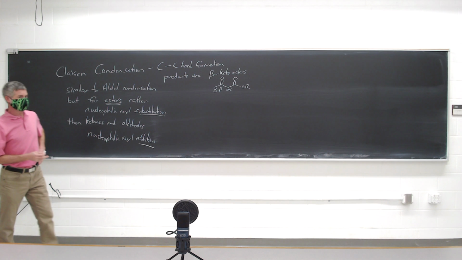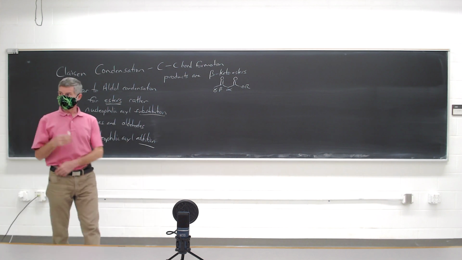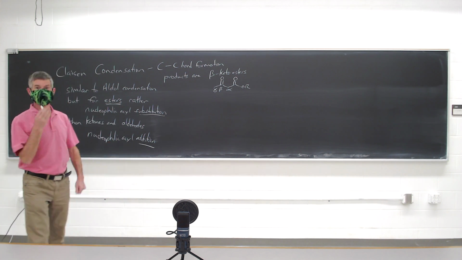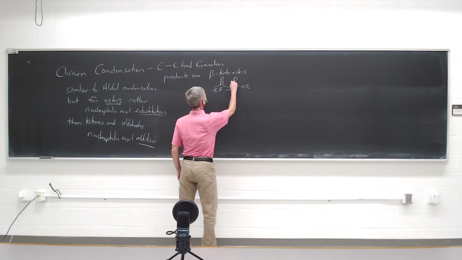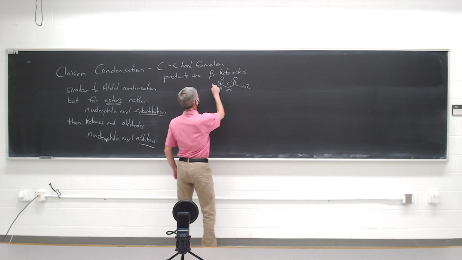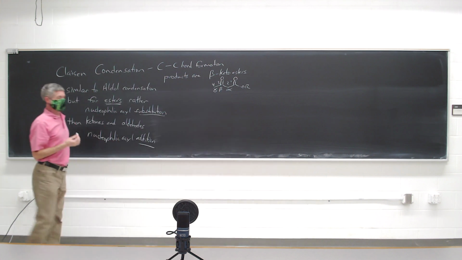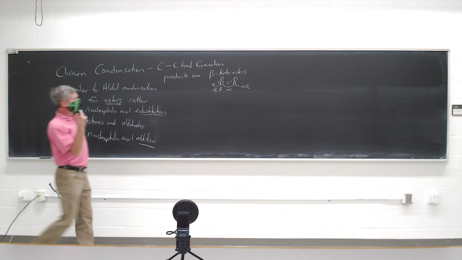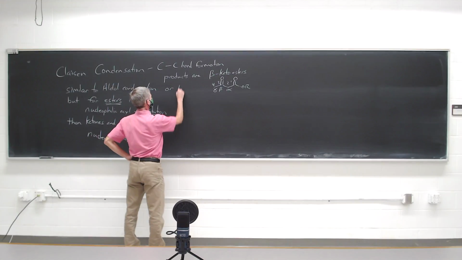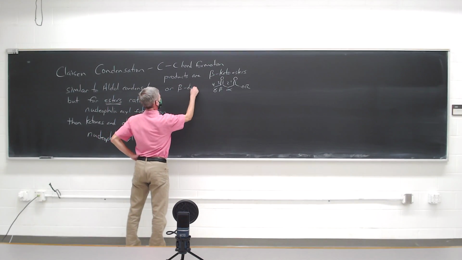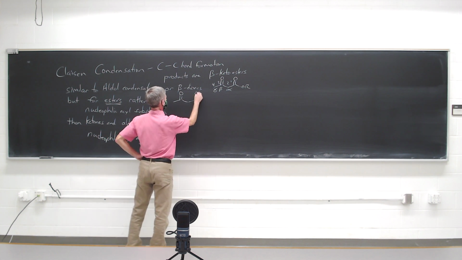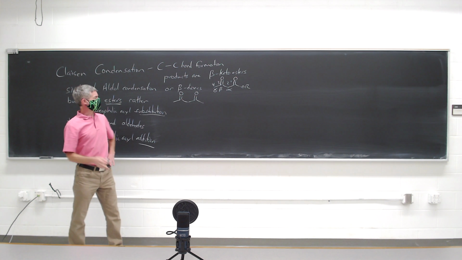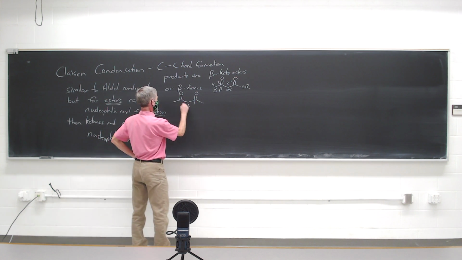The products are beta keto esters, which is different from the Michael addition, right, where you end up with 1,5 dicarbonyl compounds. In this case, we end up with 1,3 dicarbonyl compounds. So one is a ketone and ester, or we can make it diketones. So it's also possible through Claisen condensation, through a mixed Claisen, to make this kind of compound, a 1,3 diketone.